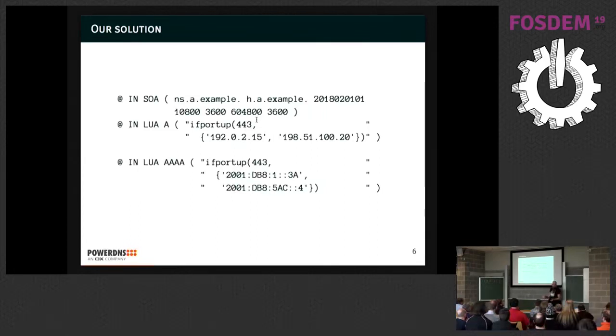So what you see here is a small example zone. It has a LUA A record and a LUA AAAA record. And it already shows you some of the features that we've implemented.